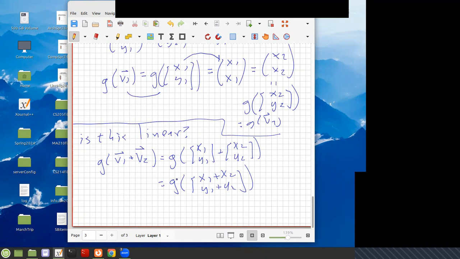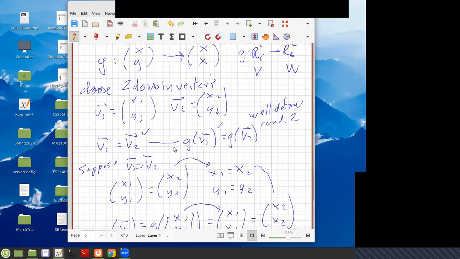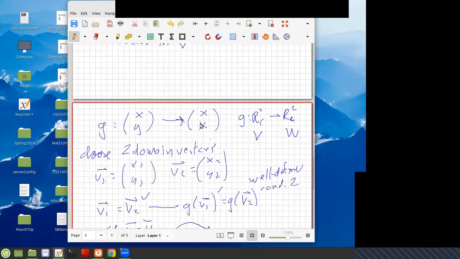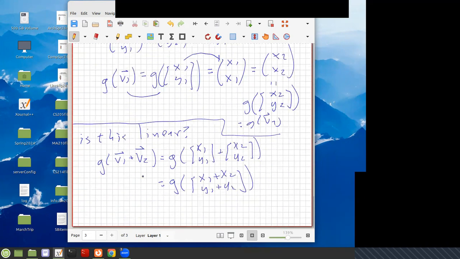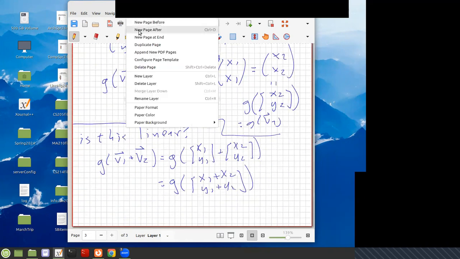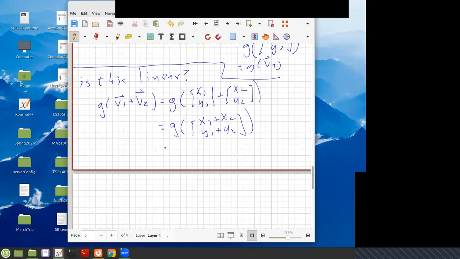Because G is given by this map. It tells us the image of X, Y is X, X. So we can say this is equal to X1 plus X2, X1 plus X2, because I've acted with G. G just takes the first component and duplicates it here. Okay, what's that equal to?